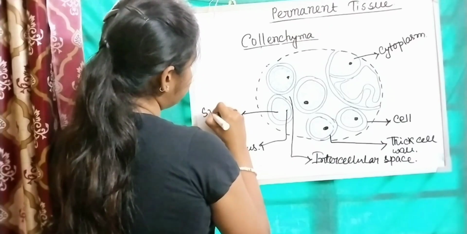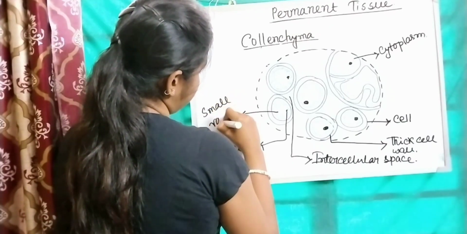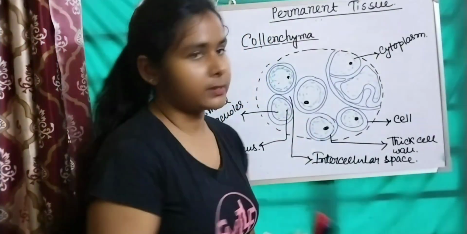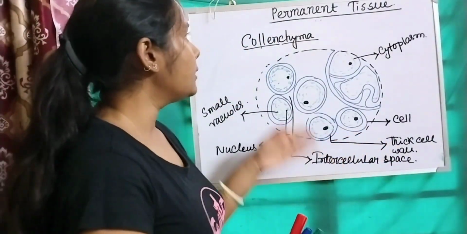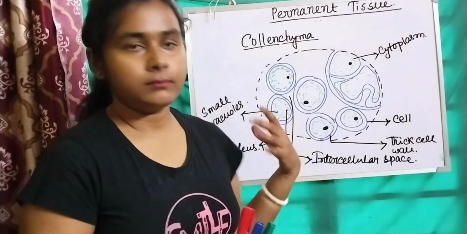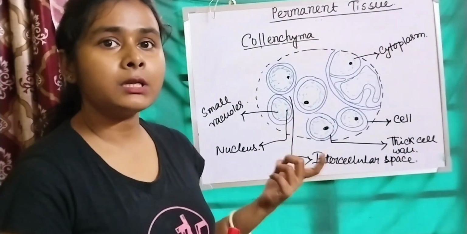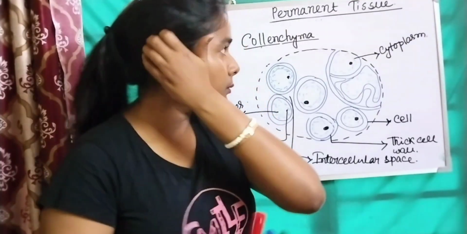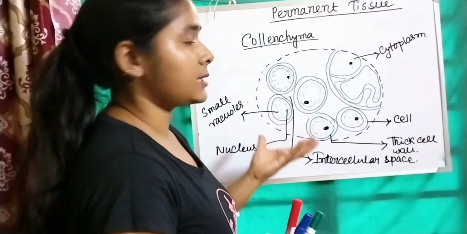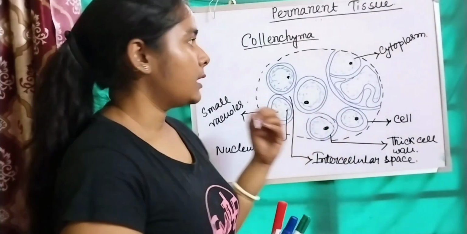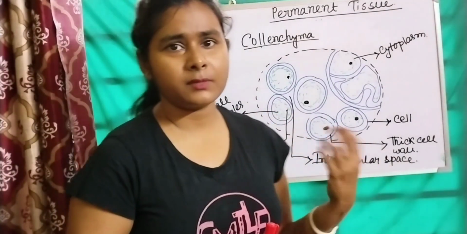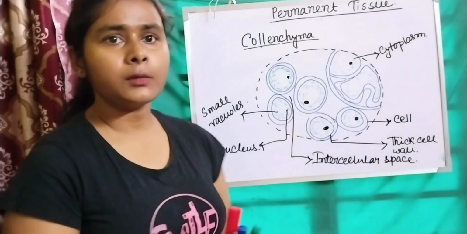So here you can write small vacuoles. Small vacuoles are present. So this is the entire structure of the collenchyma tissue. This collenchyma tissue contains different types of cell structure, like oval, spherical, or round shaped, etc.